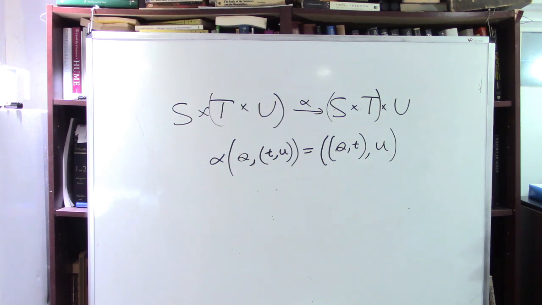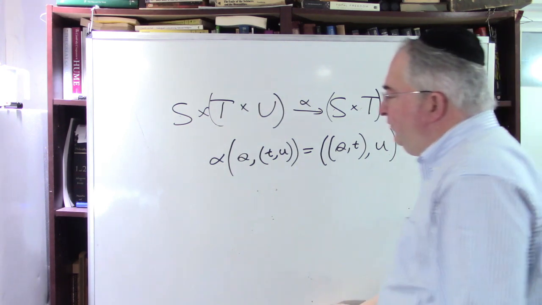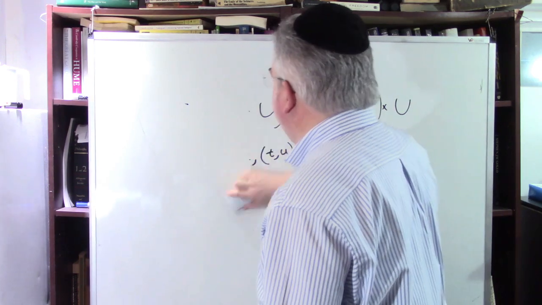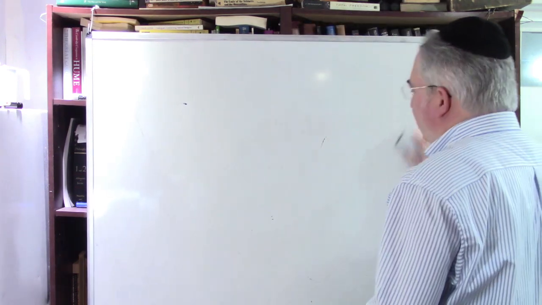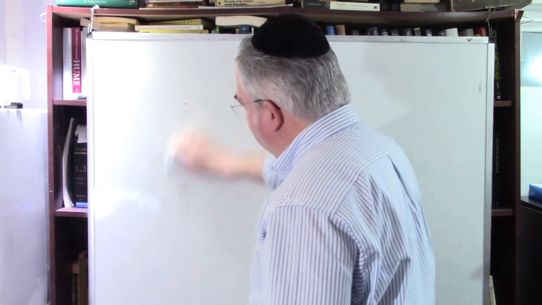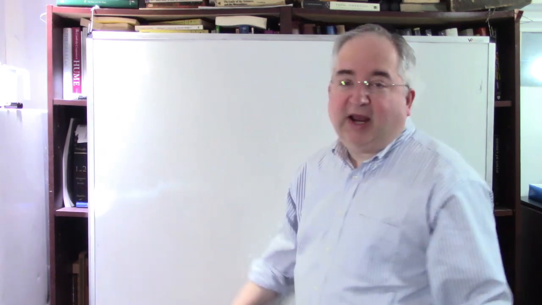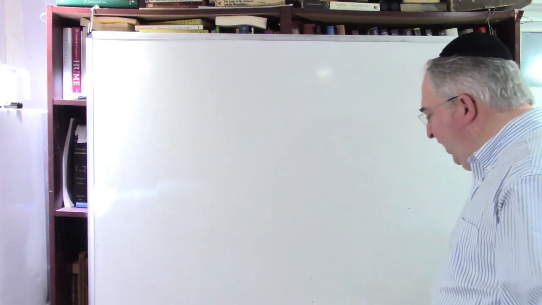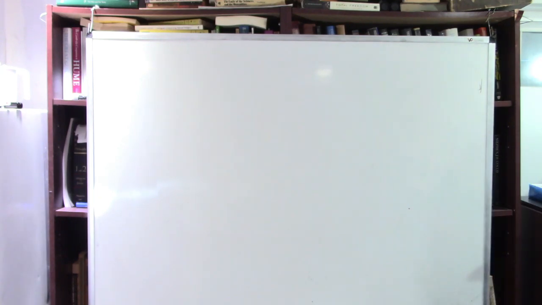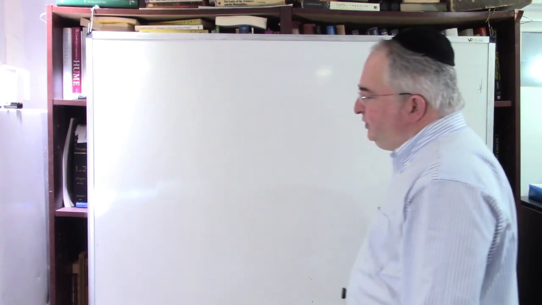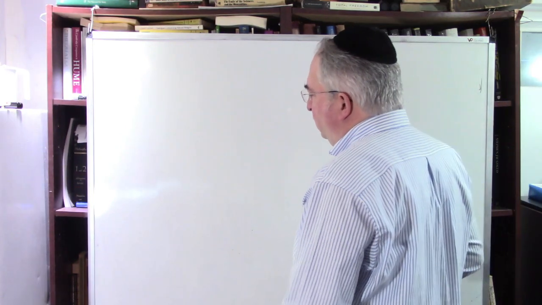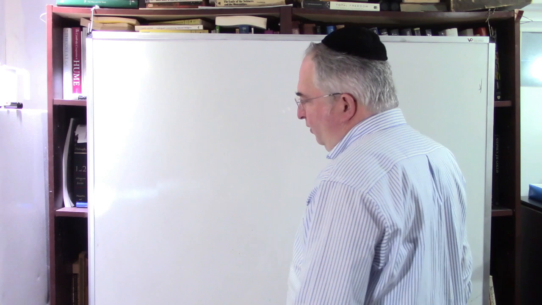Okay, one more important morphism that we had, so let's just remember, we had the diagonal morphism. Whenever there's a product, there's a diagonal morphism. Along the same lines, we have something called the braiding morphism.